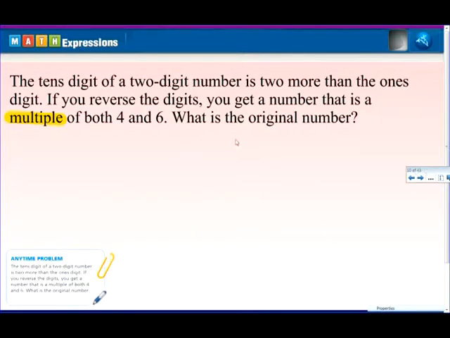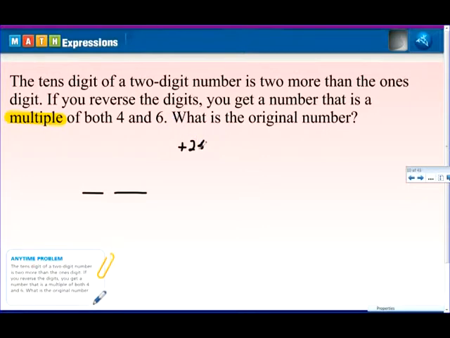The tens digit of a 2-digit number is 2 more than the ones digit. If we reverse the digits, you get a number that is a multiple of both 4 and 6.